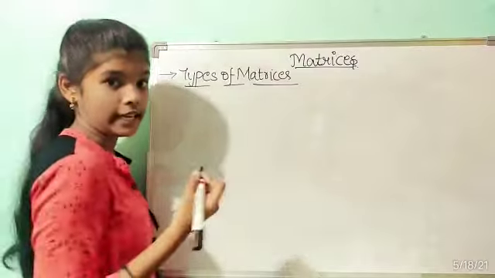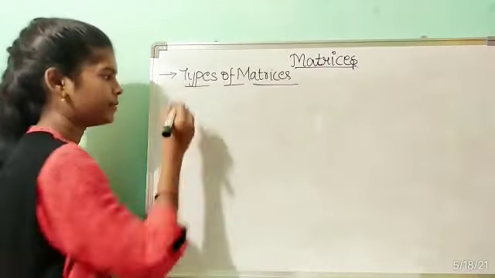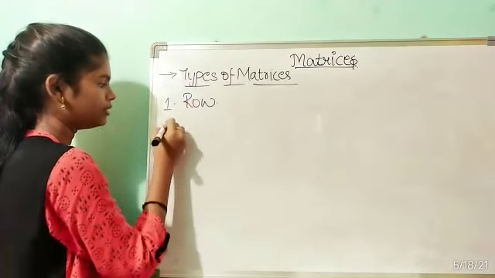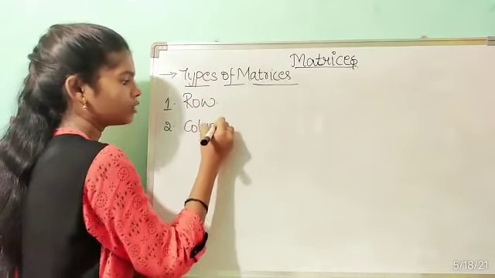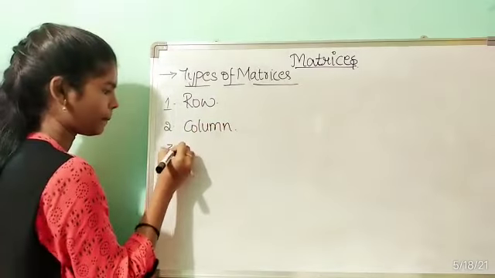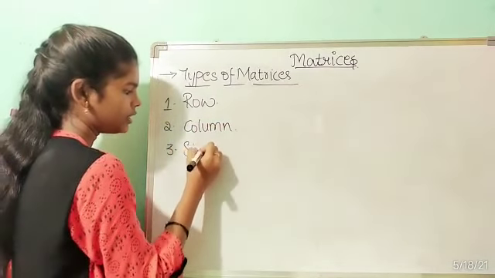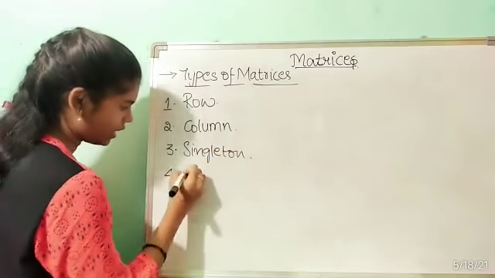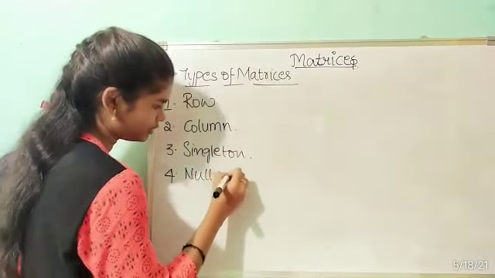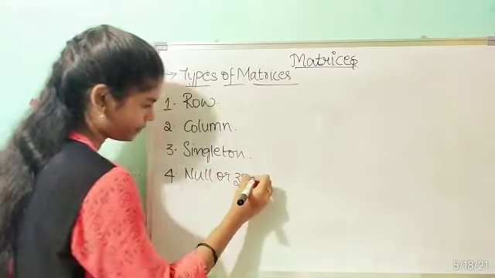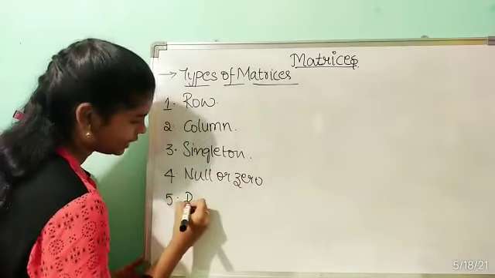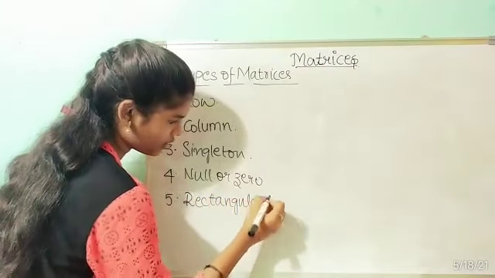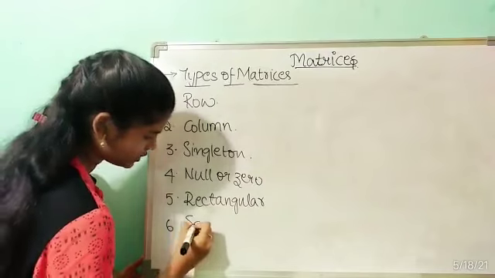There are so many types, so let us check on each. Row matrix, column matrix, singleton matrix, null or a zero matrix, rectangular matrix, and square matrix.